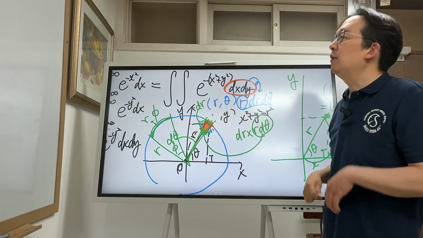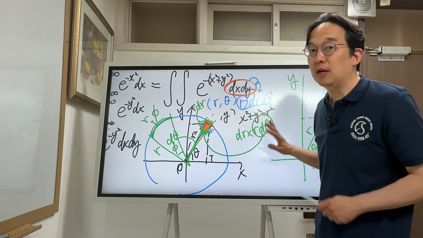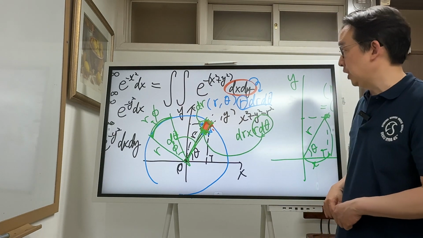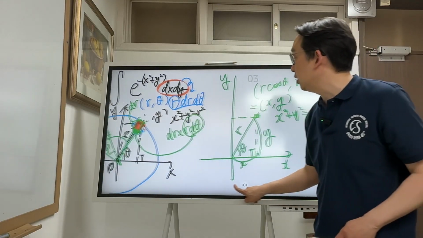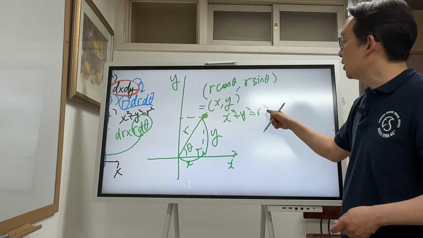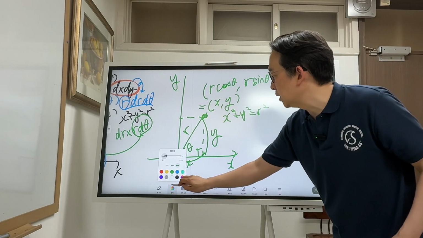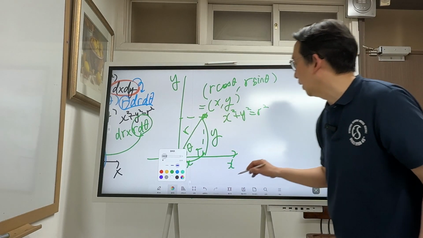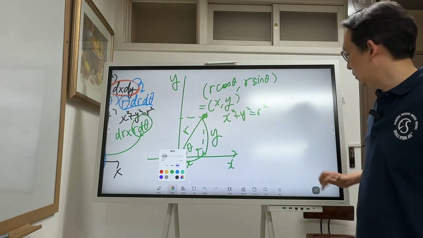But if we interpret this as a 3D integration across the r theta plane, how does that change? X squared plus y squared should change into what? R squared. So the integration will change into this nice form. Let me change it into purple.